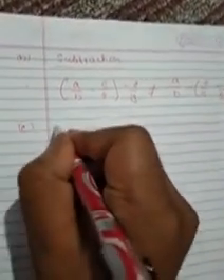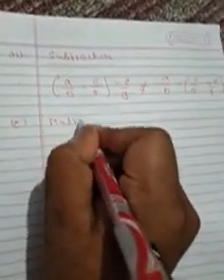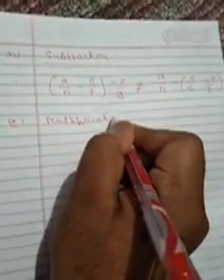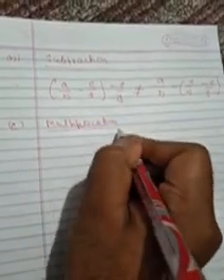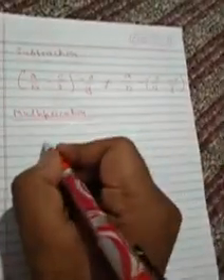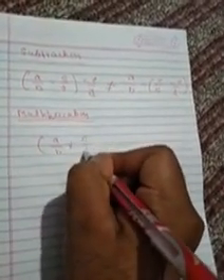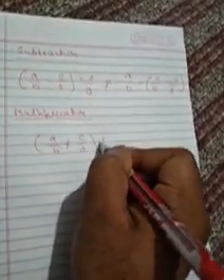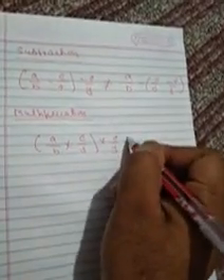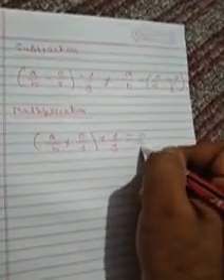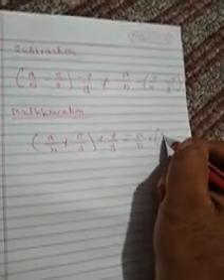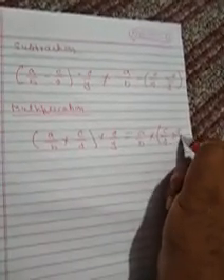Now for multiplication. While multiplying more than two rational numbers, they can be grouped in any order. Let a/b into c/d into e/f is equal to a/b into c/d into e/f, grouped either way.